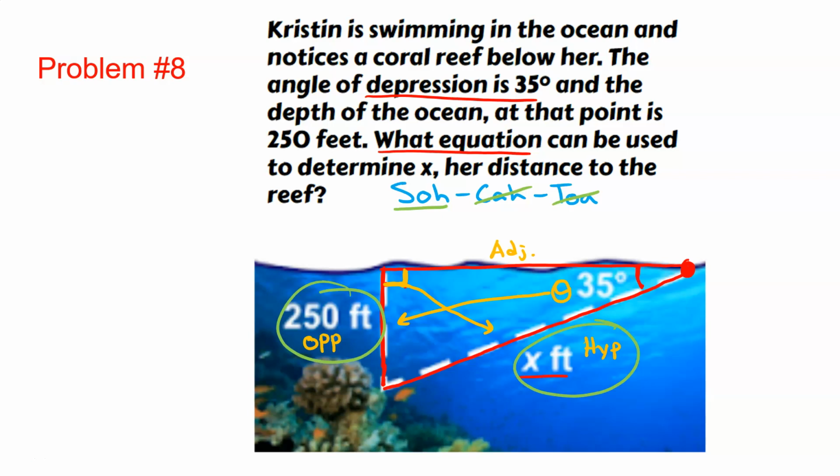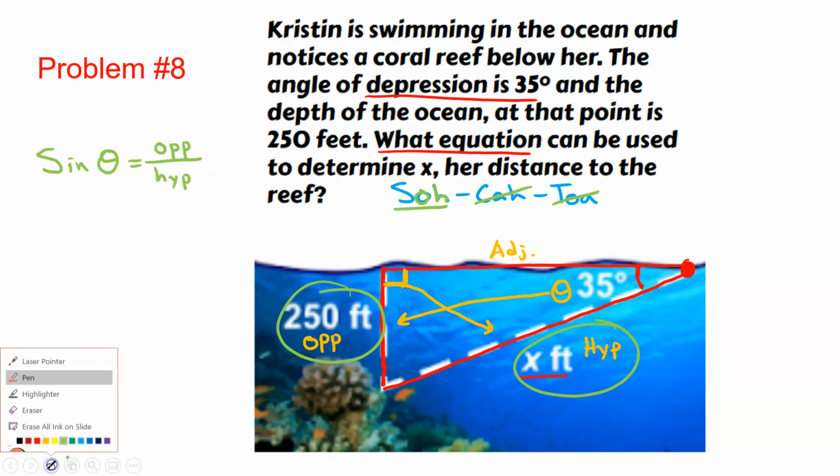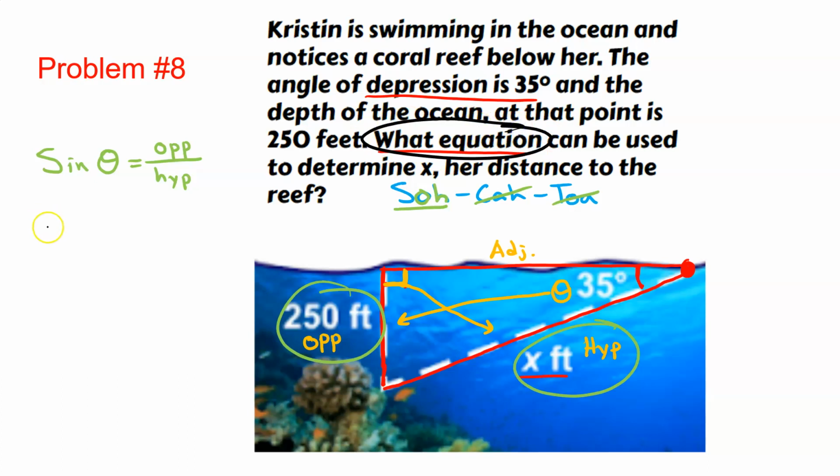So again, in SOHCAHTOA, what does it represent? What's the equation for sine? Sine of theta is equal to O for opposite over H for hypotenuse. So fill in everything that we know. Let's go ahead and write it.